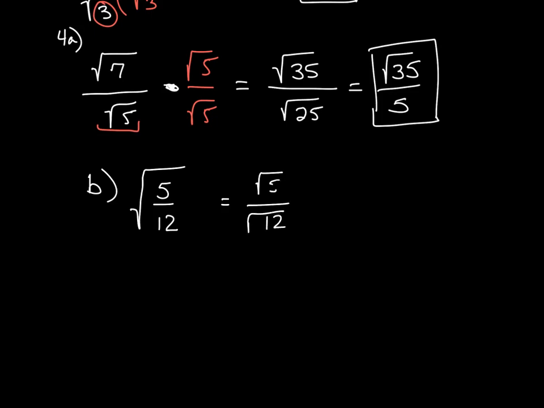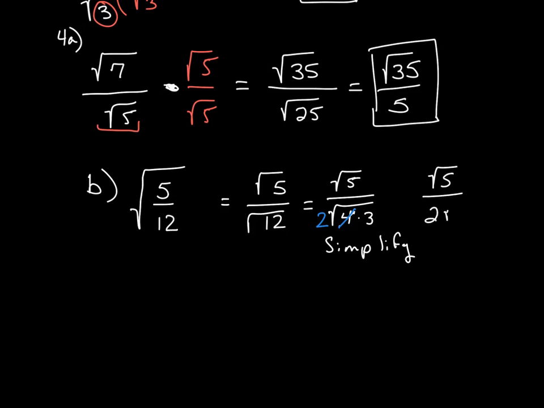Now, it does help to go through and simplify first, because I know that I can rewrite 12 as 4 times 3, and that means I can take the square root of 4, and the square root of 4 is 2. So I can rewrite that as the square root of 5 all over 2 square root of 3. And the reason it helps simplify first is it'll make the numbers a little bit smaller.